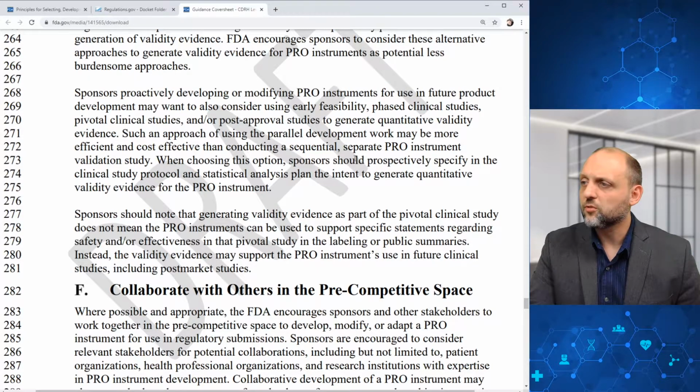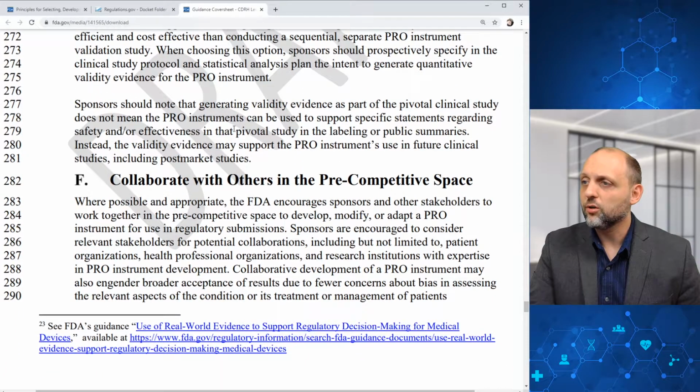When choosing this option, sponsors should prospectively specify in the clinical study protocol and statistical analysis plan the intent to generate quantitative validity evidence for the PRO instrument. Sponsors should note that generating validity evidence as part of the pivotal clinical study does not mean the PRO instrument can be used to support specific statements regarding safety and/or effectiveness in the pivotal study, in the labeling or public summaries. Instead, the validity evidence may support the PRO instrument's use in future clinical studies, including post-market studies.